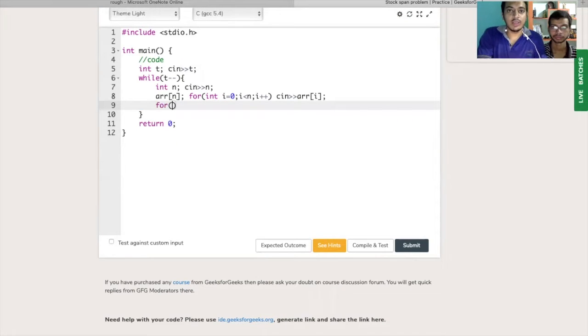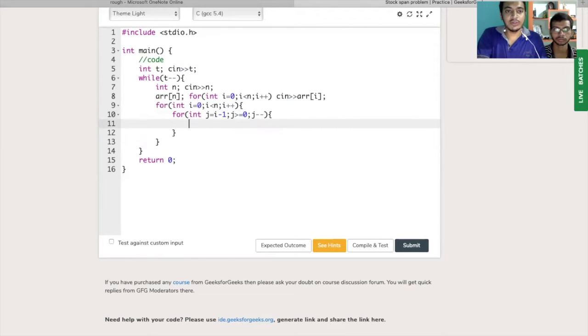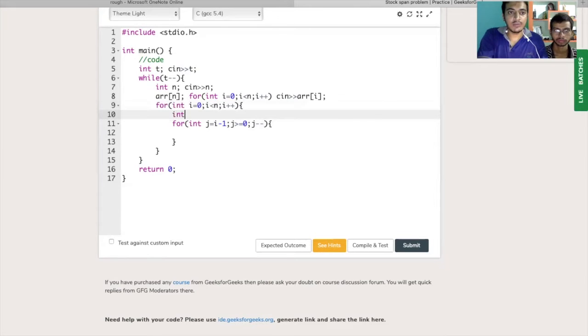So we are going to iterate through the whole array using this loop, and for every element at index i, we are going to have a loop from integer j equals i minus 1, while j is greater than or equal to 0, with j minus minus, going to the start of the array. And we take a variable count equals 1.